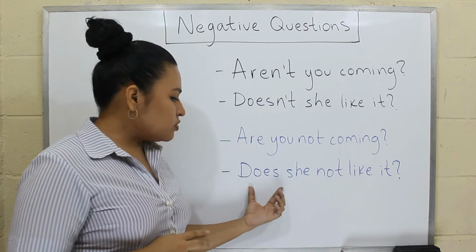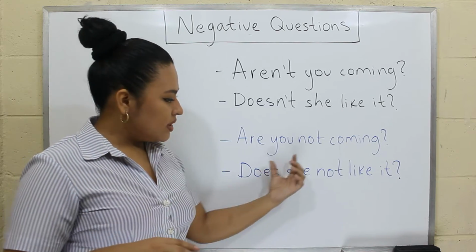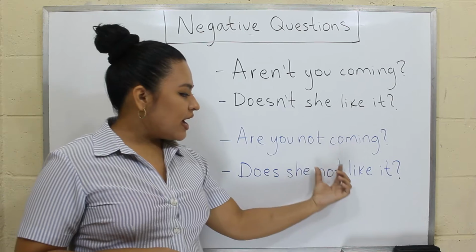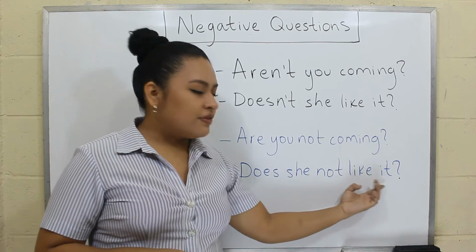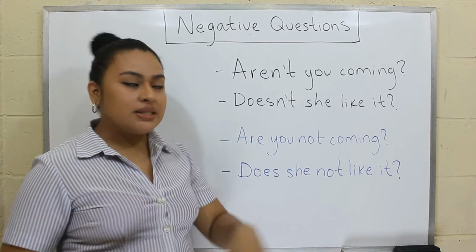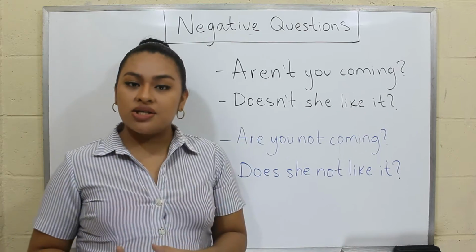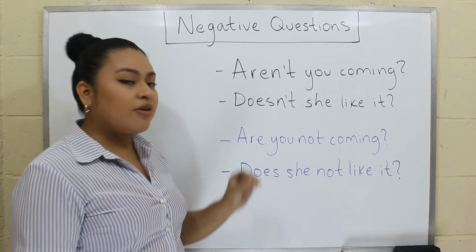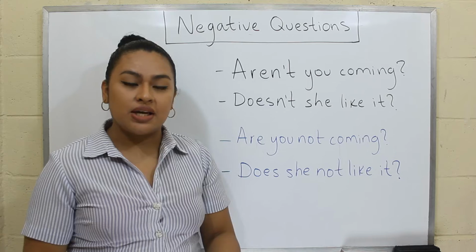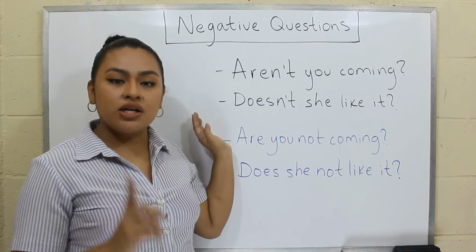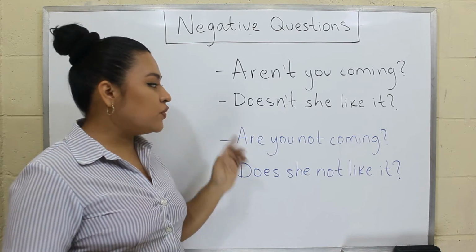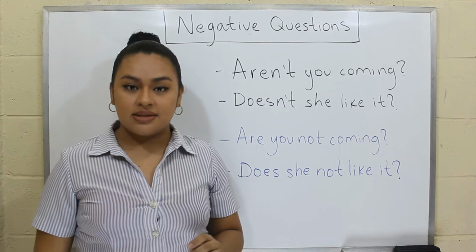We have the auxiliary alone. Then we have the subject, the adverb not, the verb and the complement. So you can see how the word order changes according to the form of the negative question we're using. And remember that we use uncontracted negative questions for formal contexts.